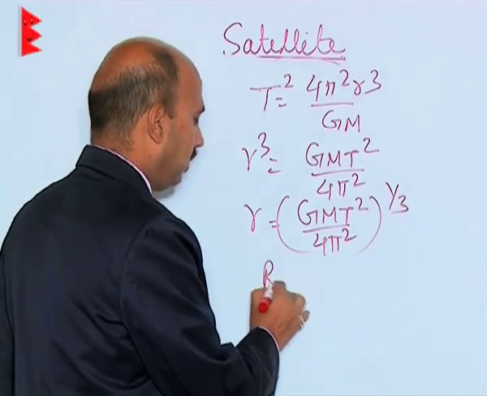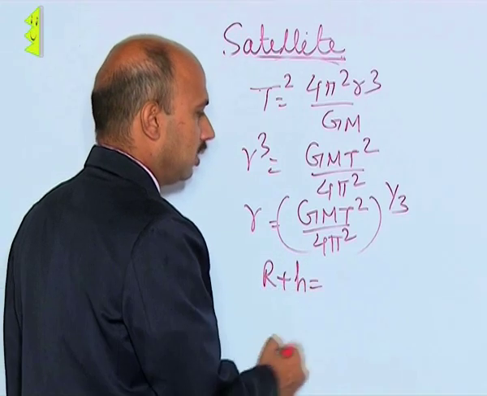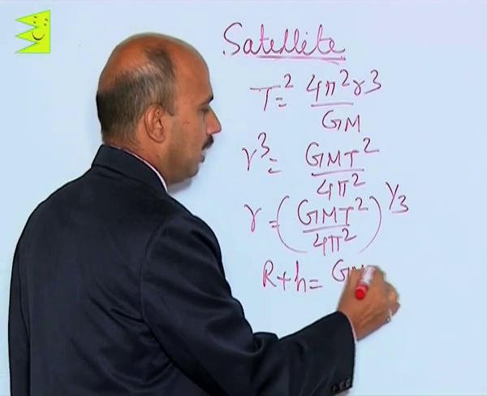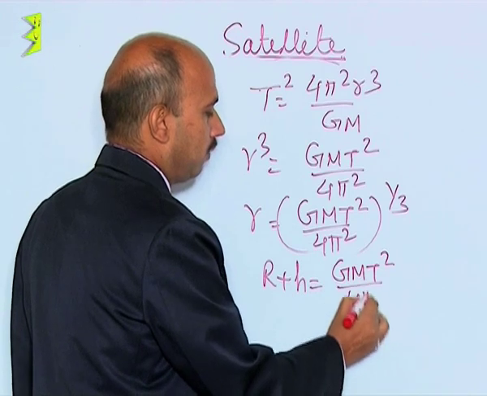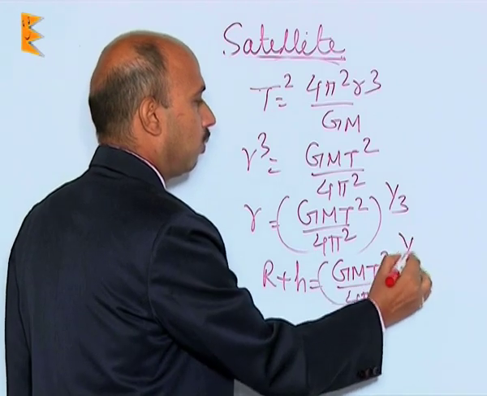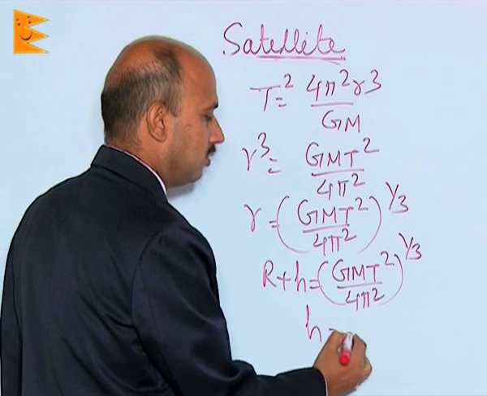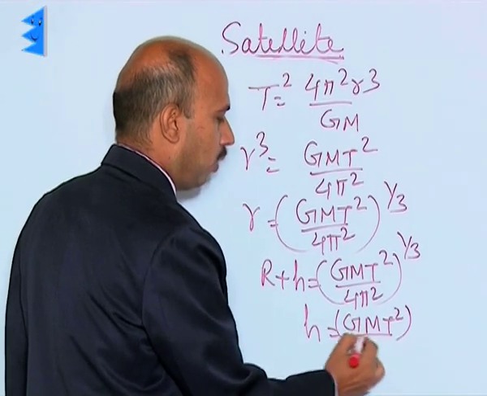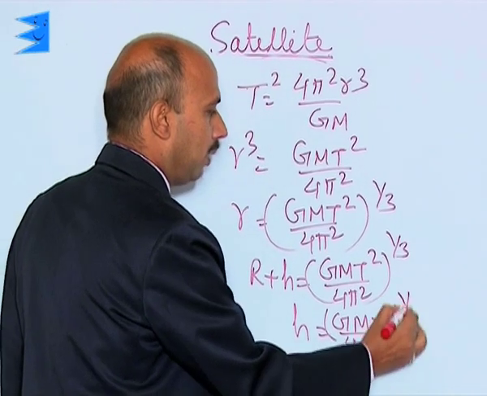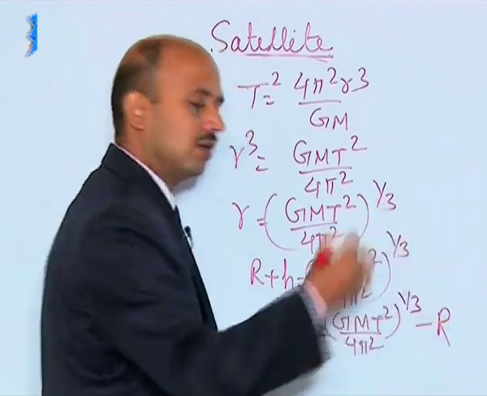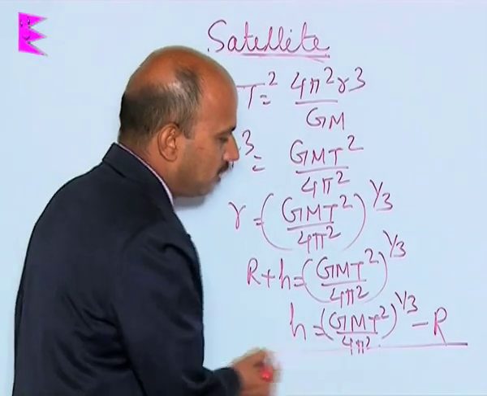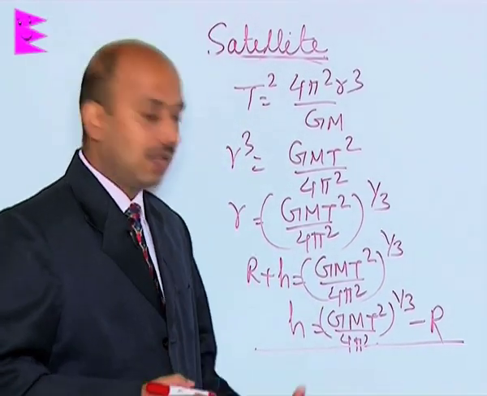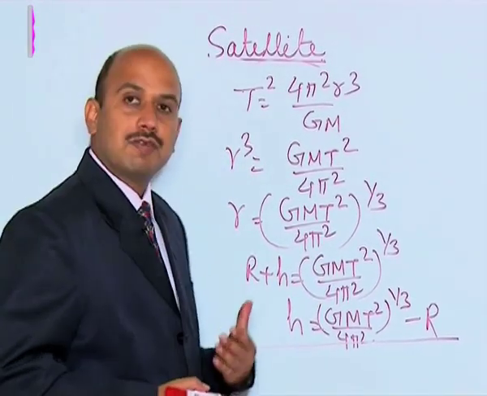This r can be written as R plus h is equal to GMT square upon 4 pi square raised to power 1 by 3. So, h is equal to GMT square upon 4 pi square raised to power 1 upon 3 minus R. So, this is the expression for the height of the satellite from the surface of the earth.